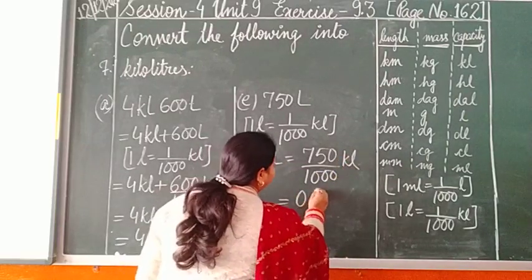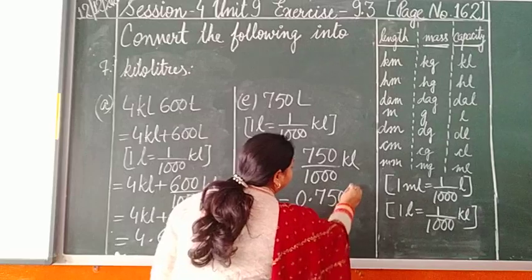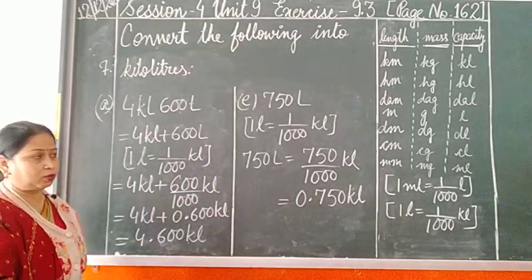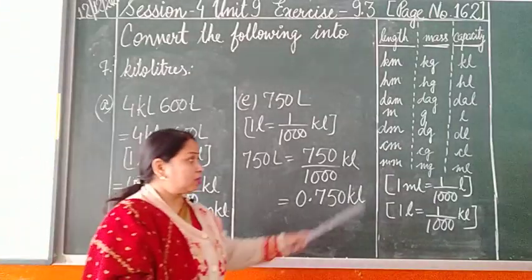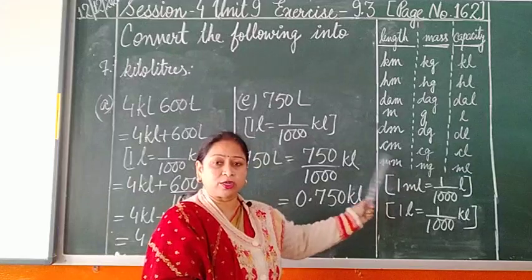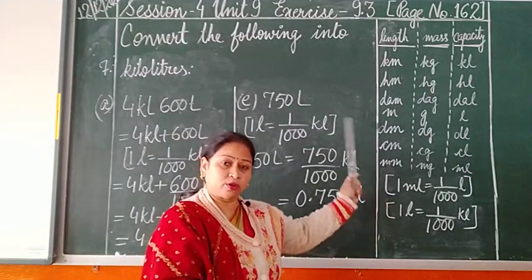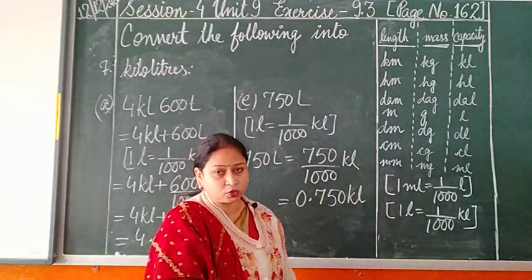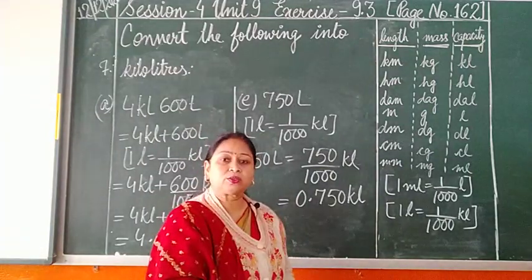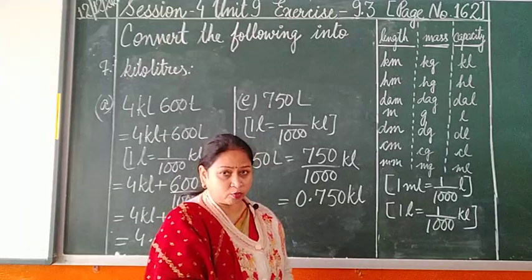Conversion is clear to everyone. The answer is 0.750 kiloliter. So, seen, I have written all the three units, all the three charts for length, mass and capacity together, since I was working for all the questions given in exercise 9.3.